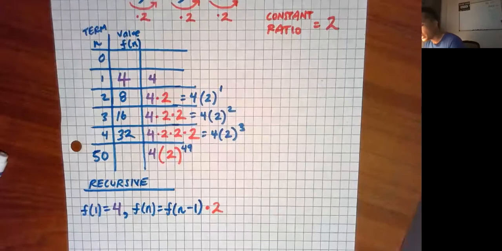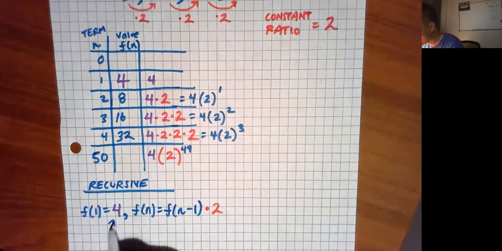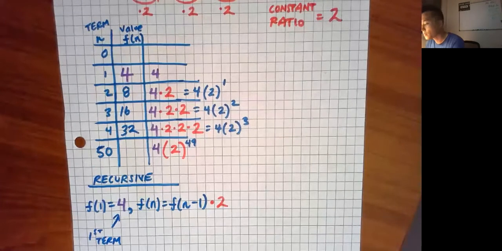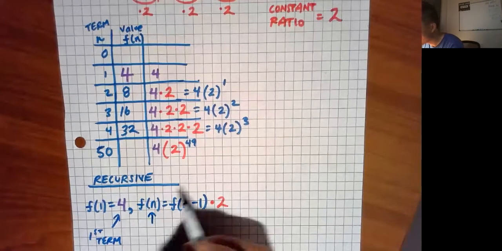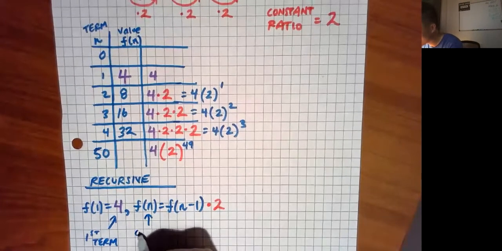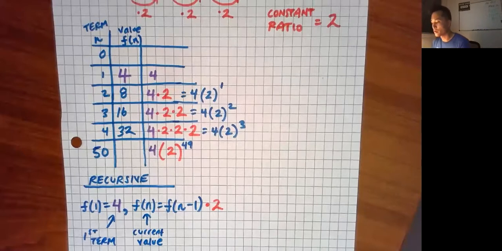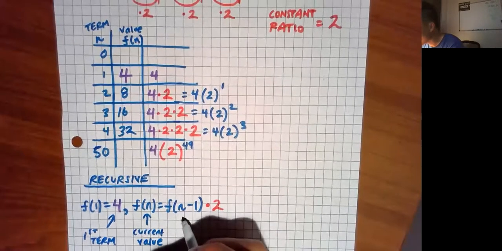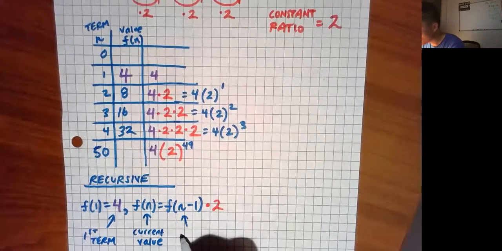Okay, let's annotate so you can get a sense of what all these numbers mean. This is saying the first term. That's where it starts. F of n, this is saying the current value of whatever term we're trying to find. F of n minus 1, that would be the value of the previous term.